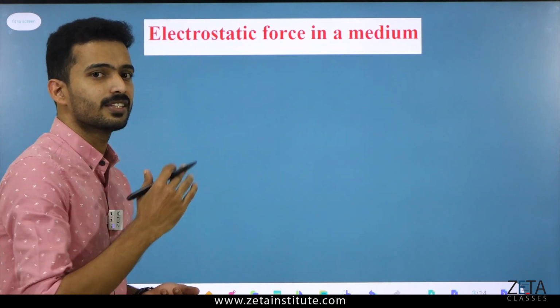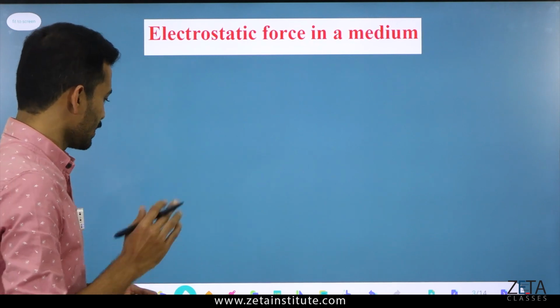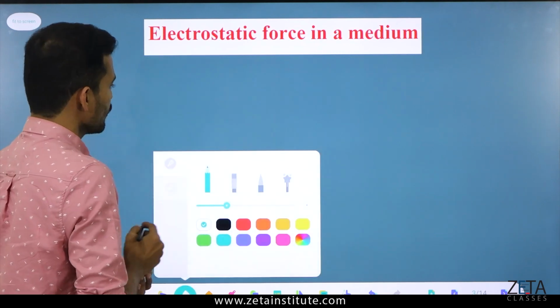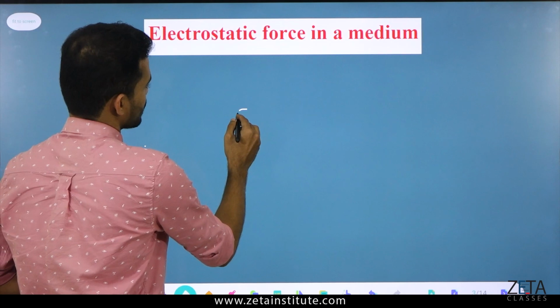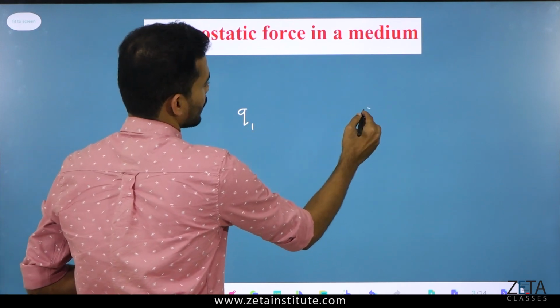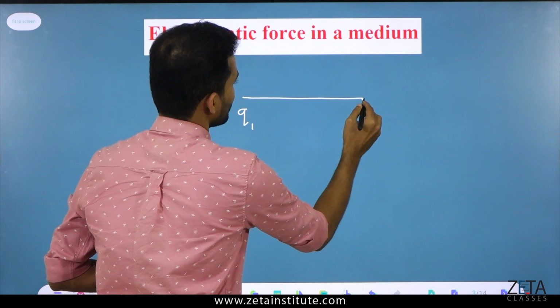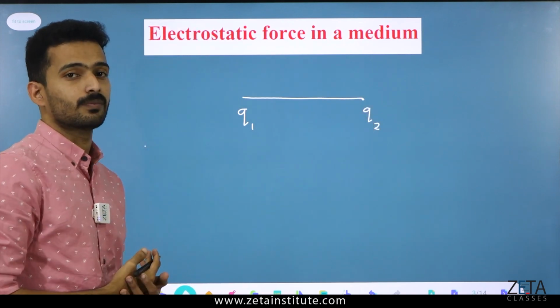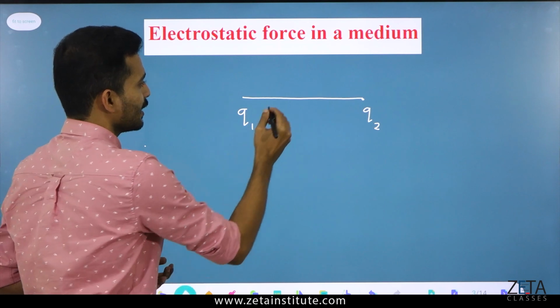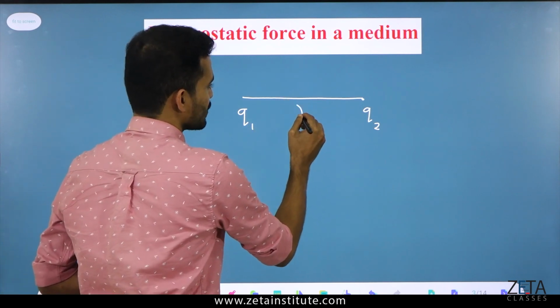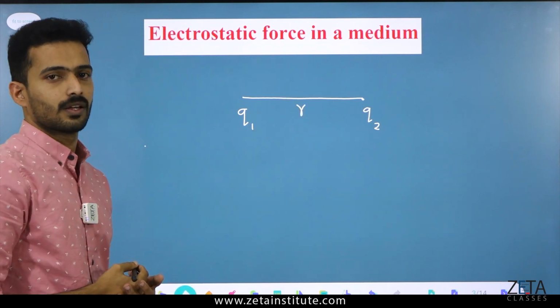What is the change in the force? What is the difference in the force? Let us discuss that. We are placing two charges, one is Q1 and the other is Q2. These two charges are placed in a medium, and the distance between them can be taken as r.